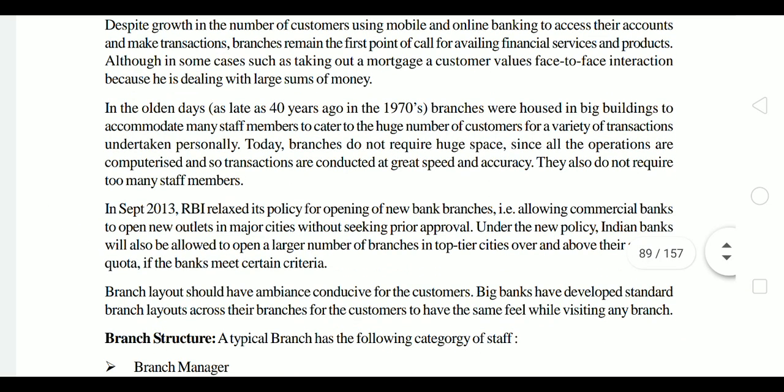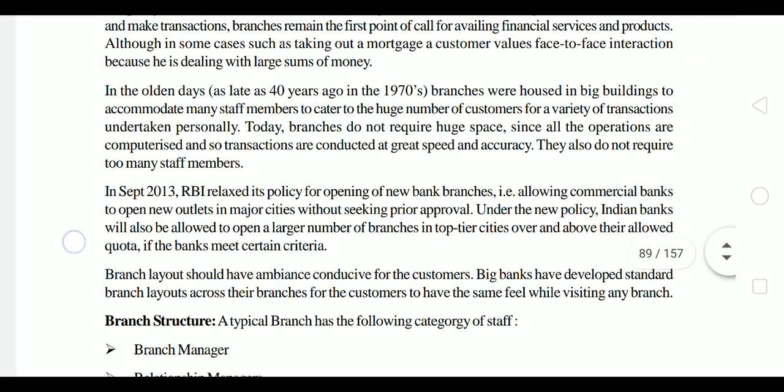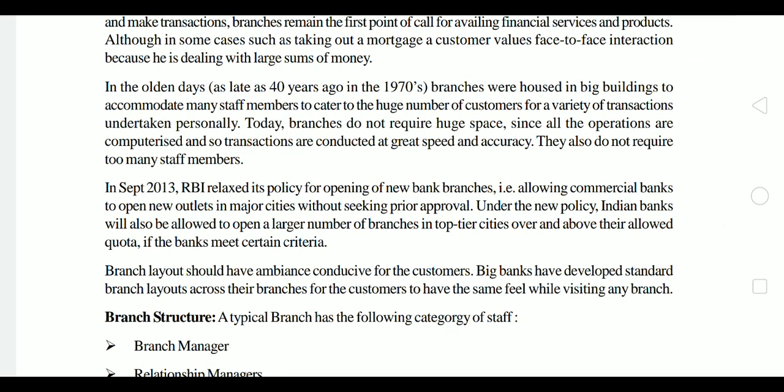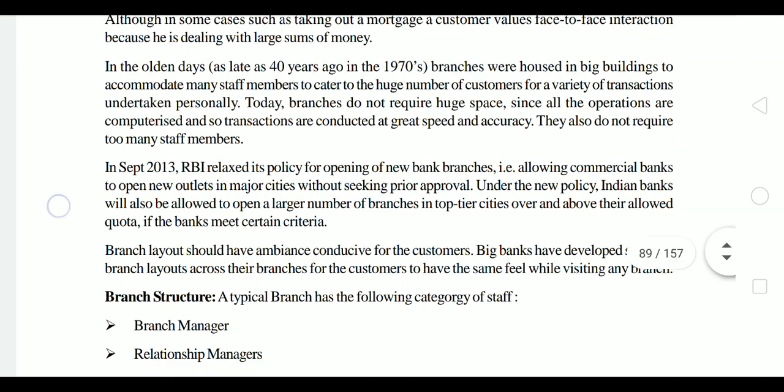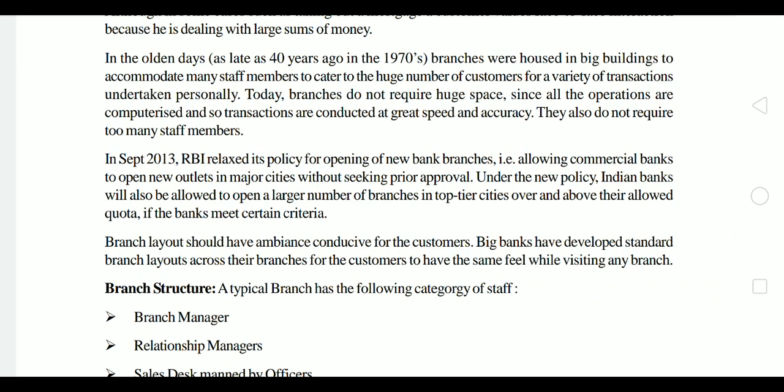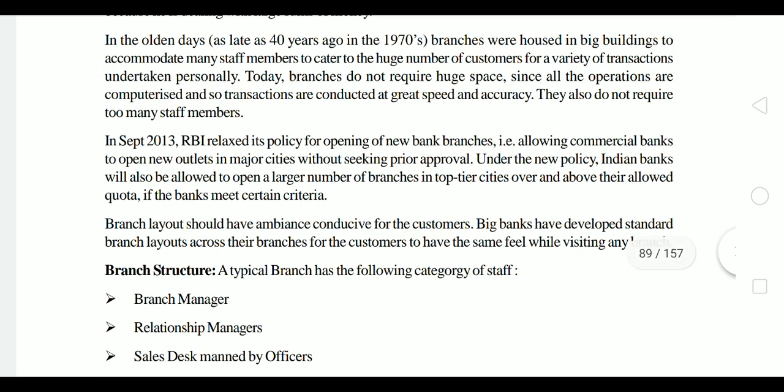But today, as most customers are using mobile banking, or online banking, the number of branches has increased but the customers have decreased, right? So today we do not require a huge space for providing any services to the customers. So they also do not require too many staff members.